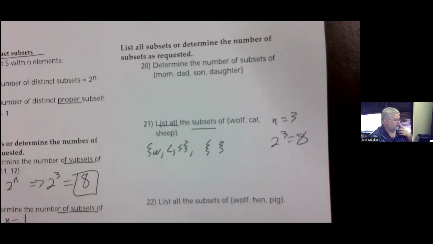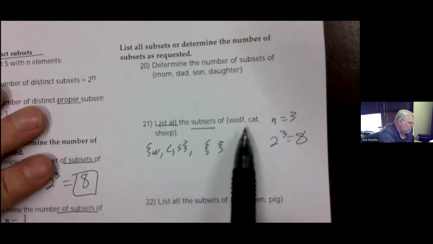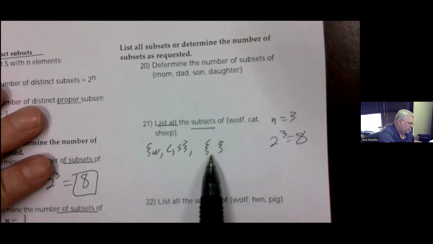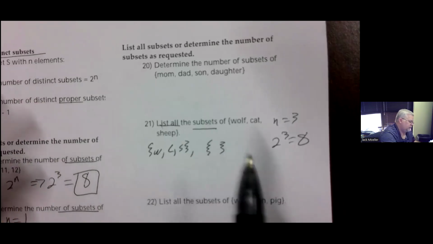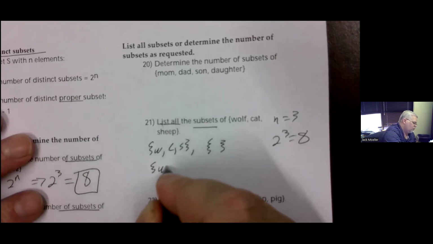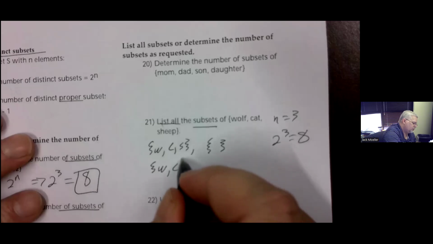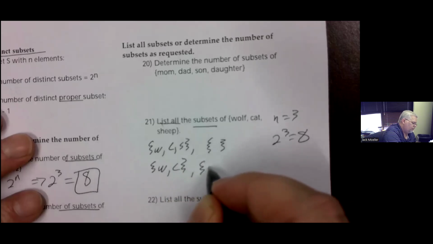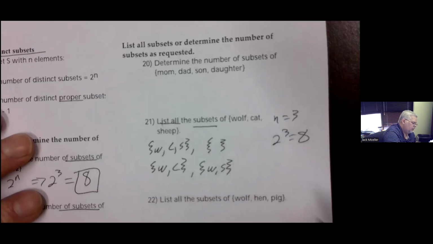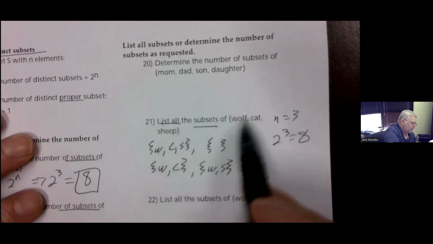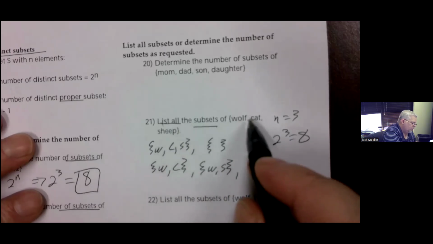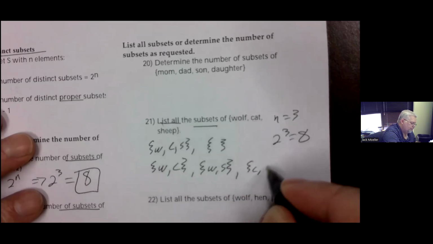Now, how do we get the other 6? Well, I've done one with all 3 and one with none. Now we have to do the subsets that have 2 elements. So we have wolf and cat. We have wolf and sheep. Now we can't do wolf with anything else, but we can do cat and sheep.